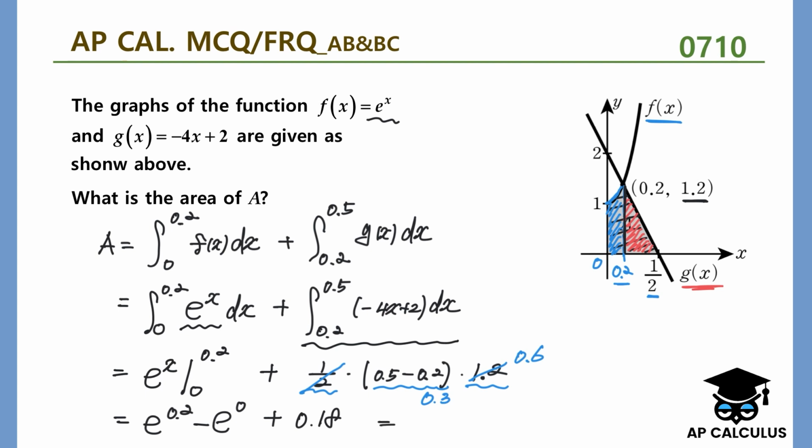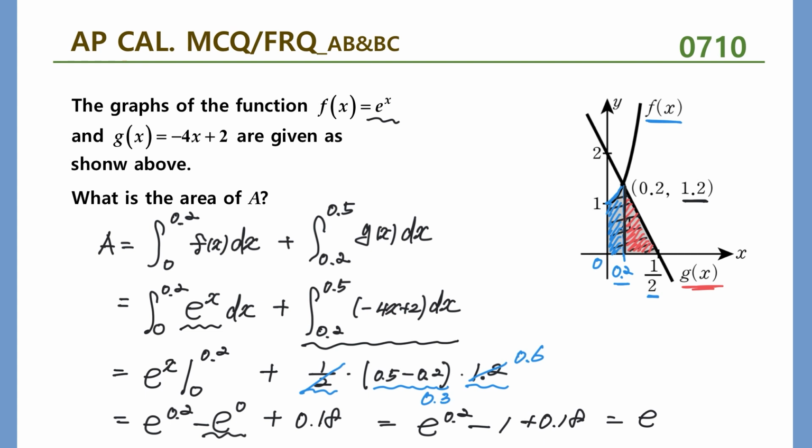So that is e to the 0.2 minus e to the 0, that's 1, plus 0.18. That is equal to e to the 0.2 minus 1 plus 0.18, that's plus 0.82. This is our answer, the area of the region A.